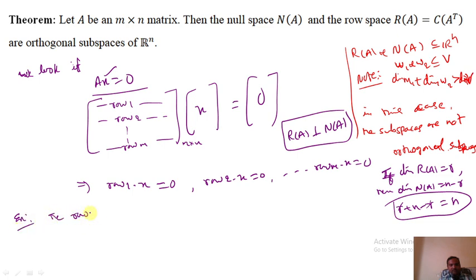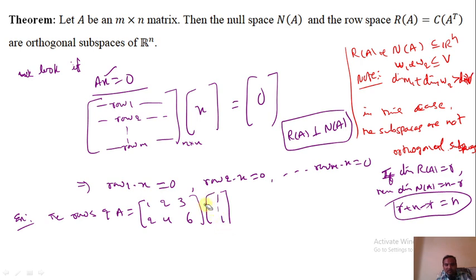Example: suppose the rows of A are (1, 2, 3) and (2, 4, 6). Sorry, rows (1, 1, minus 1). The rows of A are orthogonal to the null space.